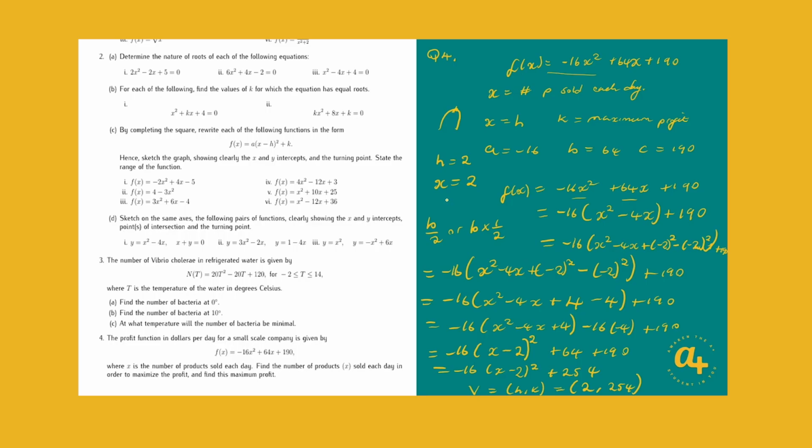Because remember, we need to sell 2 products each day in order for us to maximize profit. Therefore, when we sell 2 products, we generate a maximum profit of 254 each day. So we're going to say our maximum profit, we're just going to say MP here, is equal to 254. So you can put the currency of your choice here, whether you want the dollar or the kwacha, it's up to you. So $254 is the maximum profit that we generate each time we sell 2 products each day.